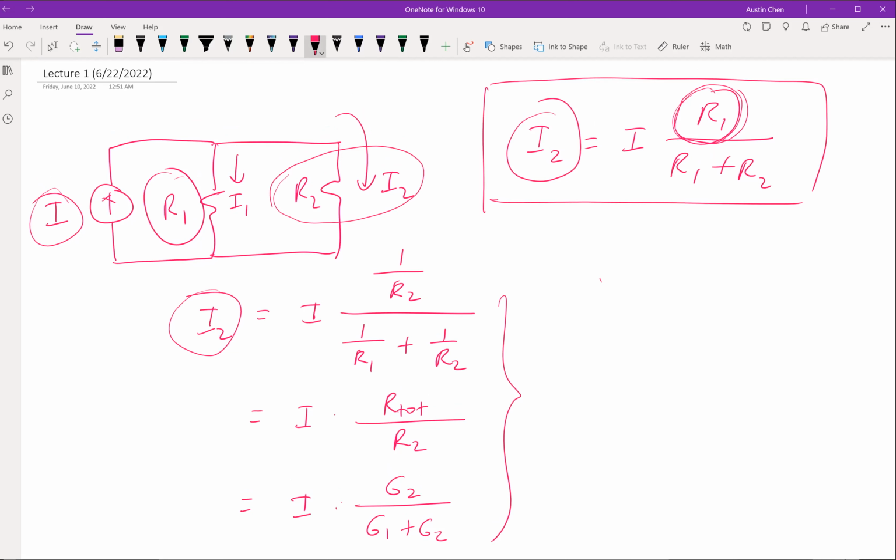Then the question is, why is this equation valid? This is one question that I want you to think about, and I'm going to give you a hint here.